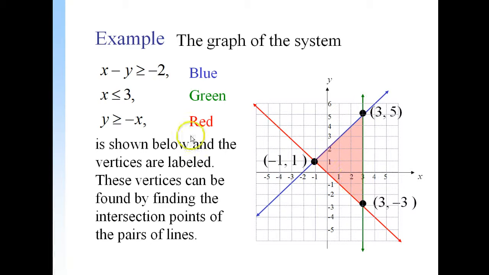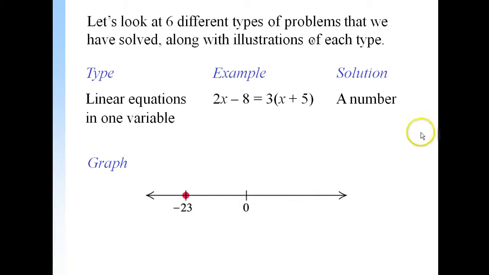That is your solution region. Any ordered pair within that pink area is a solution for all 3. And the vertices are right there. You could also solve these vertices by doing equations simultaneously.